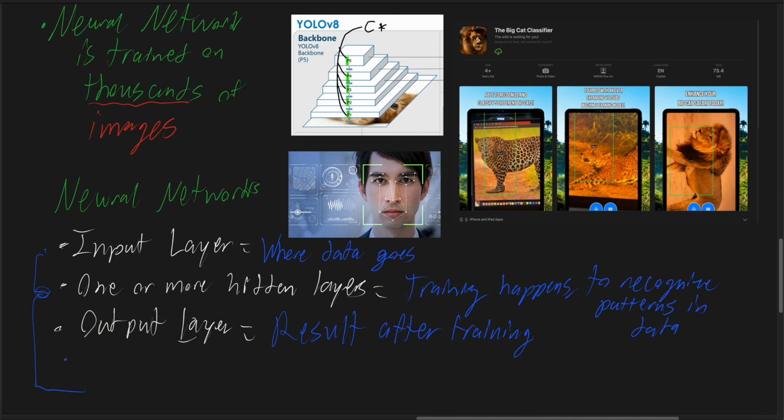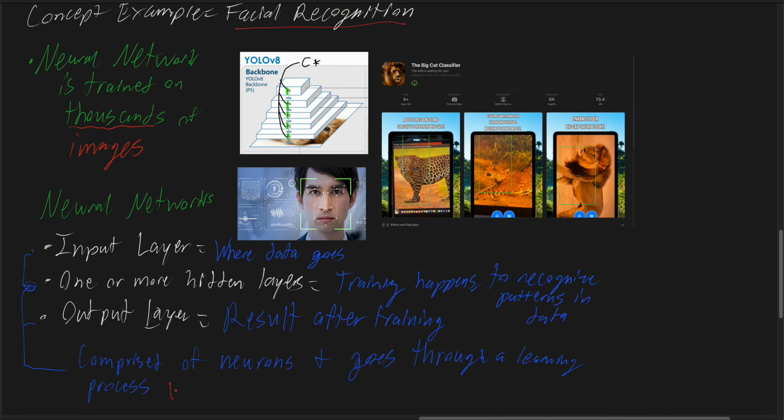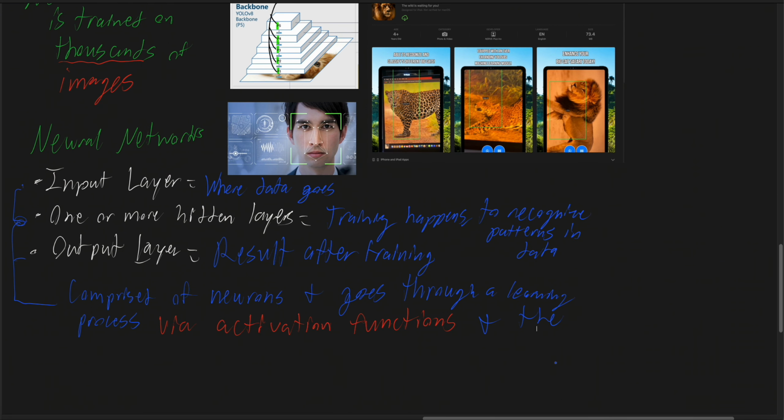because we always know that between this whole learning process, every single component of the neural network is comprised of neurons and goes through a learning process via activation functions, and the weighted connections are adjusted during the training phase using a vast collection of labeled images.